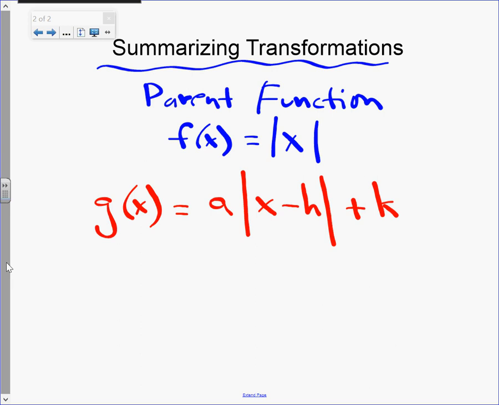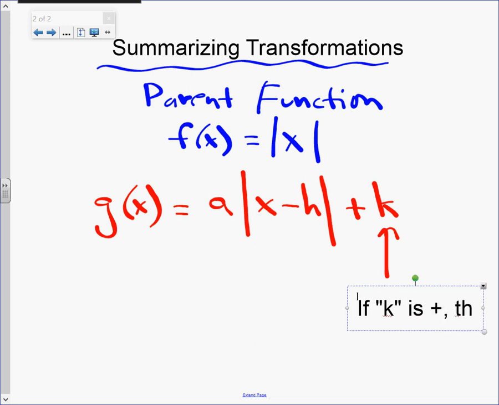Let's summarize one more time. For k, we're going to write: if k is positive, I'll put plus, then vertical shift upward.